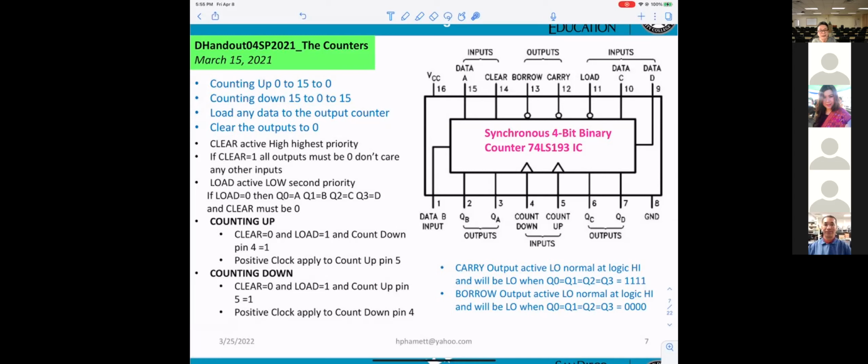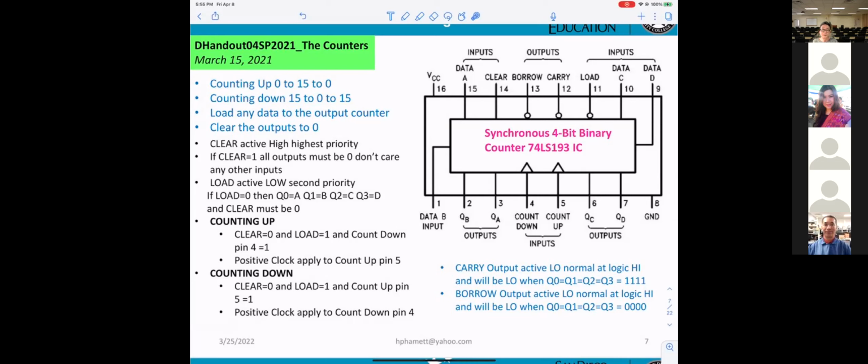No, you can load any data. For example, I can load the number 5 to the output, and now I can count up starting from 5, 6, 7. It doesn't have to start from 0. That's the reason why we need loading.